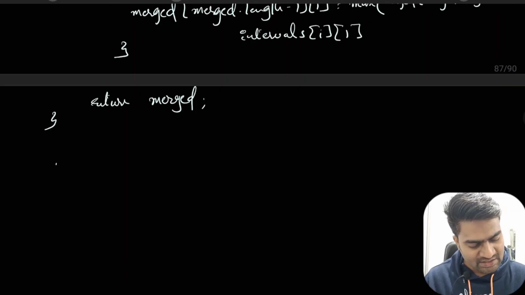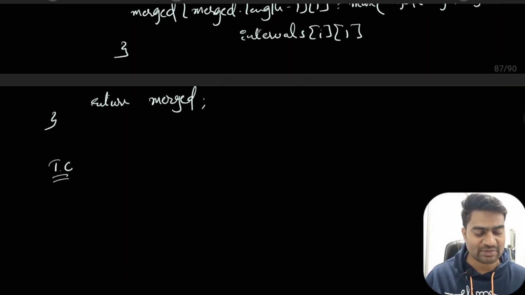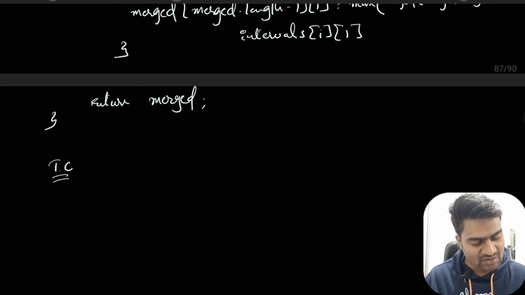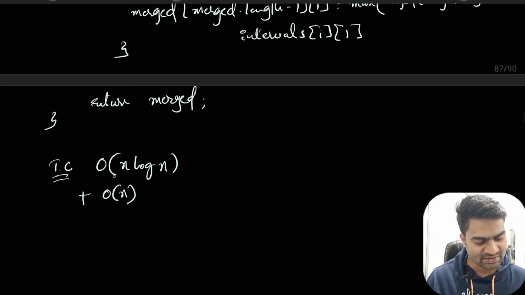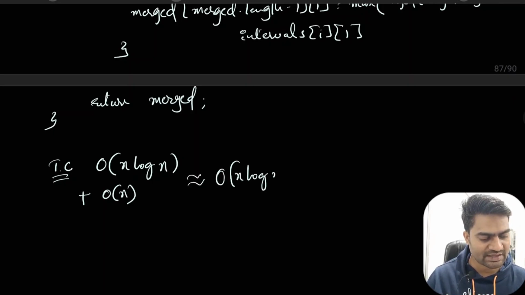For the time complexity, sorting will take of the order n log n, correct? Then once after that, we use the optimal way to merge the intervals, which takes O of n time complexity. So it is O of n log n plus O of n, which is somewhere O of n log n, we can say.